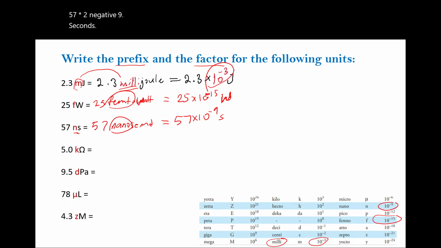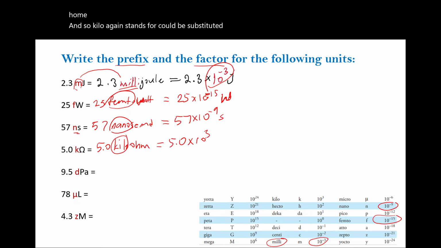This is kilo ohms, so 5.0 kilo ohm. And so kilo again stands for, could be substituted for 10 to third. That's ohm.